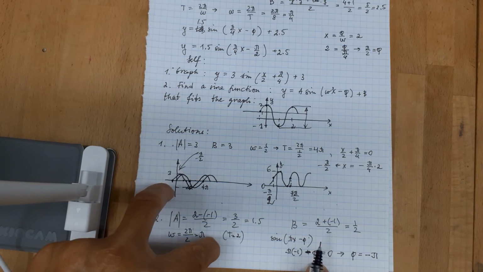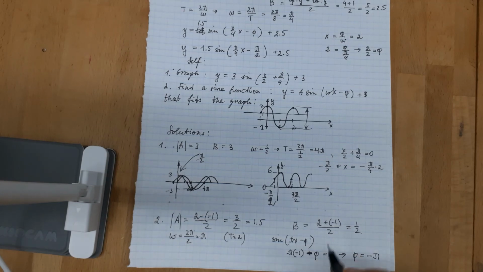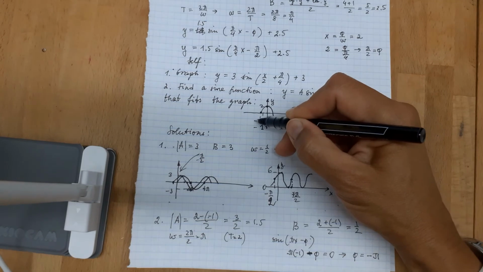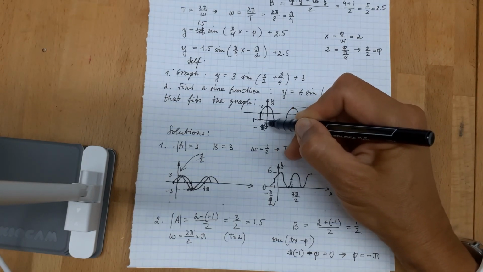Maybe I did something wrong. Let me double check it. Yeah, I did something wrong. This is not negative 1, actually. If I look at my graph, my 1 is here, so my negative 1 is here. This 1 is not 1, it's 0.5, actually.